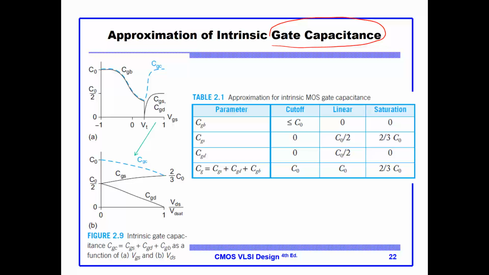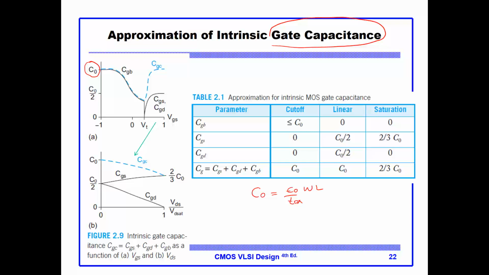In this diagram on top, notice that we have on the y-axis the value of the gate capacitance, and notice that C naught is the maximum value, which we defined in an earlier slide. It is epsilon W L over TOX.